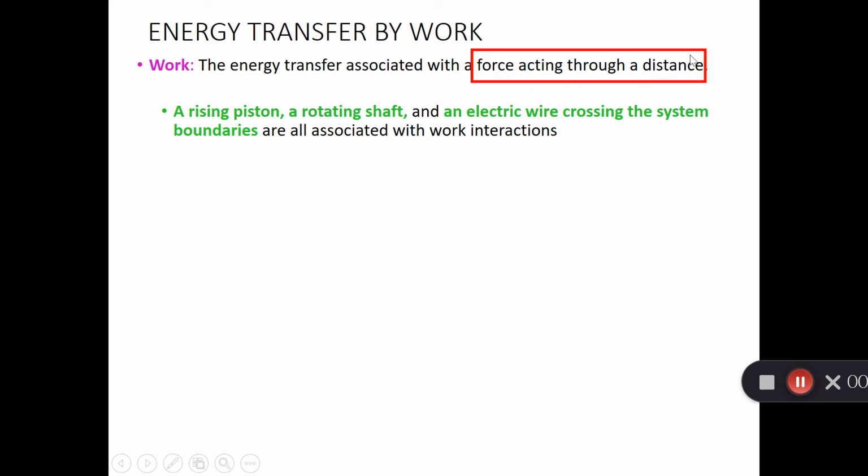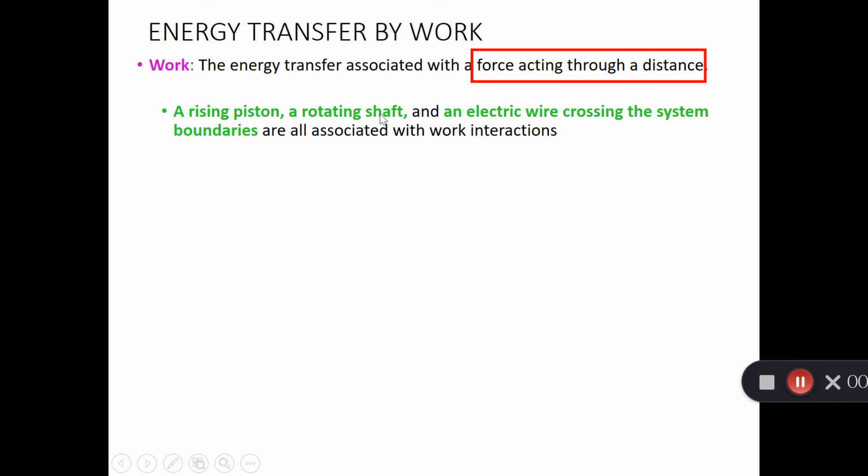So it can be any type. We have here a piston. Obviously, the rising piston involves the movement of the piston through some distance. Rotating shaft, even though it's not through a linear distance, it is a rotation. Therefore, also considered as force moving through distance.